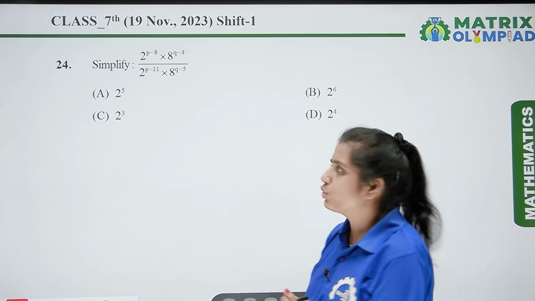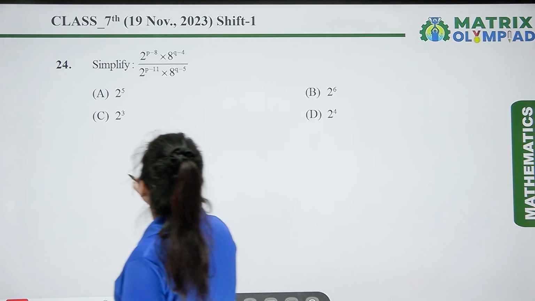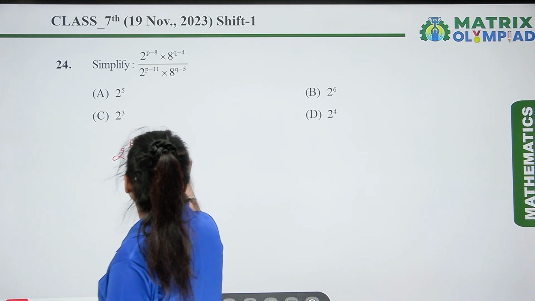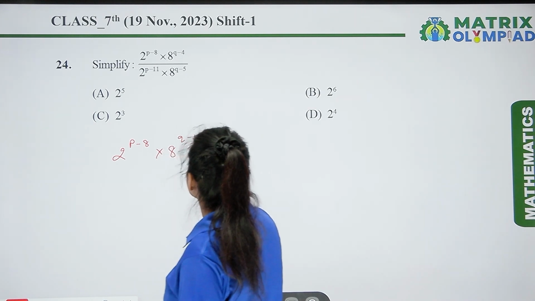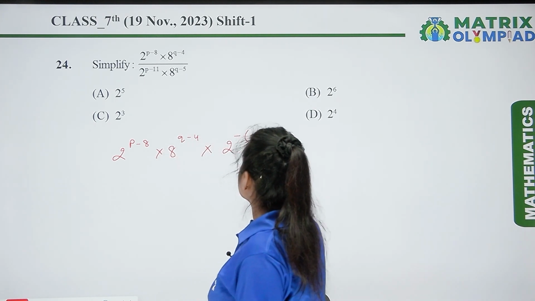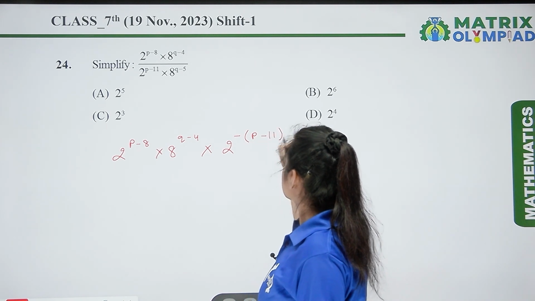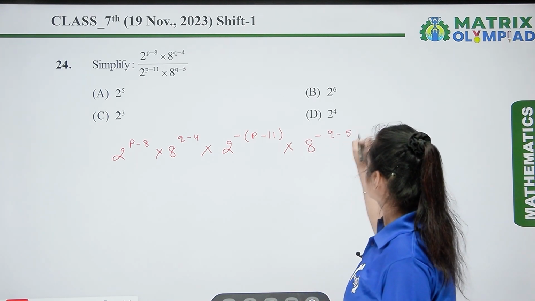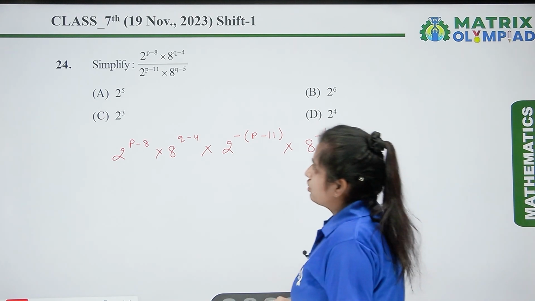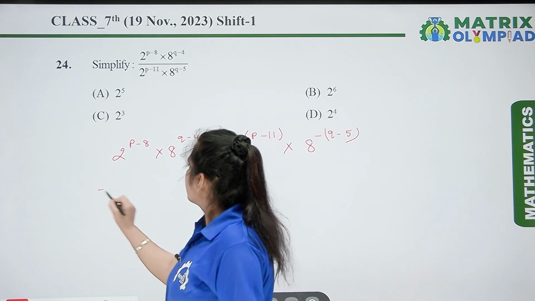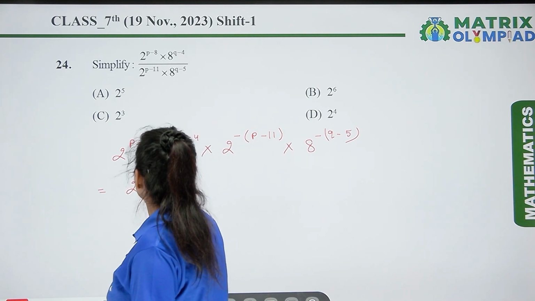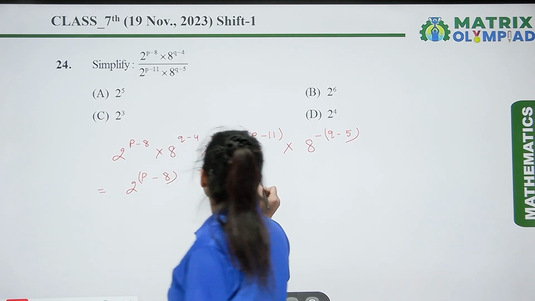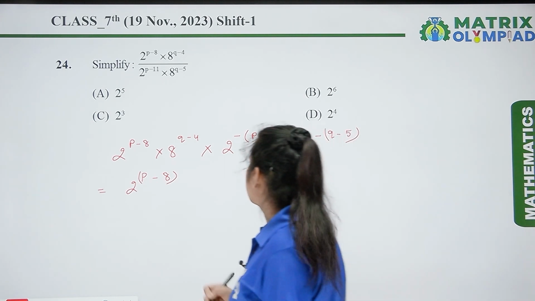Now the next question is question number 24. We have to simplify this. Let's simplify. 2p minus 8 multiplied by 8 q minus 4, this will be 8 negative q minus. Now let's solve it. According to the law, same base will be added.